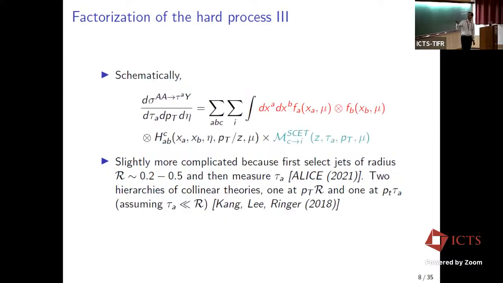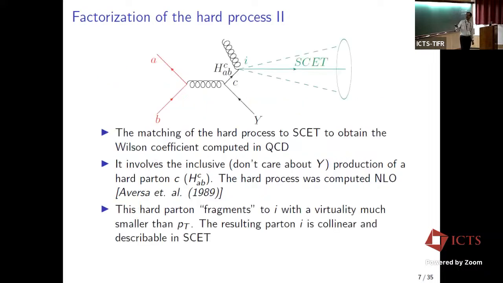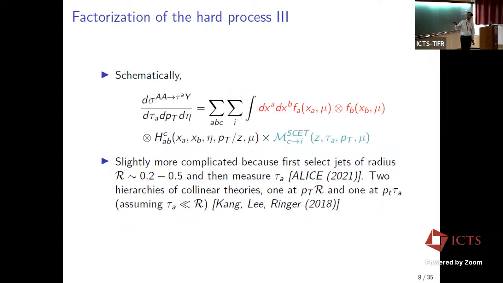You have initial parton densities. Then this is the hard process, H. And then the soft collinear modes give you the dynamics, which gives you the observable tau.